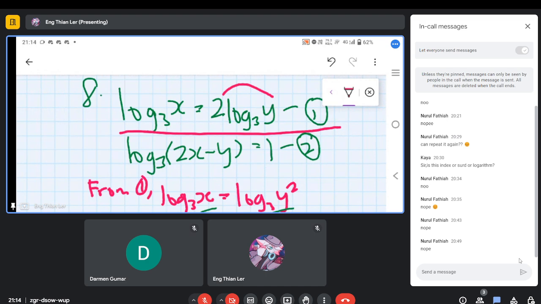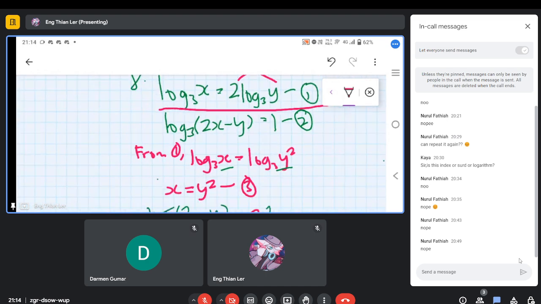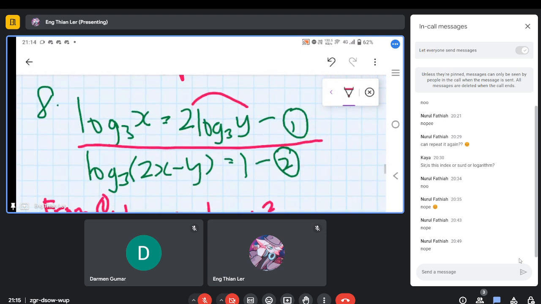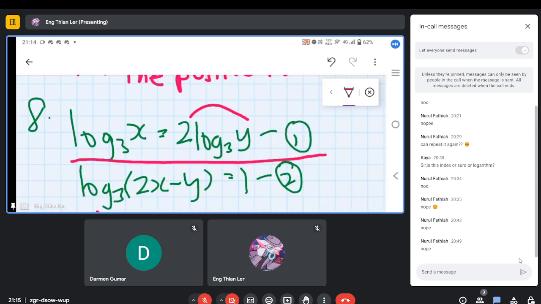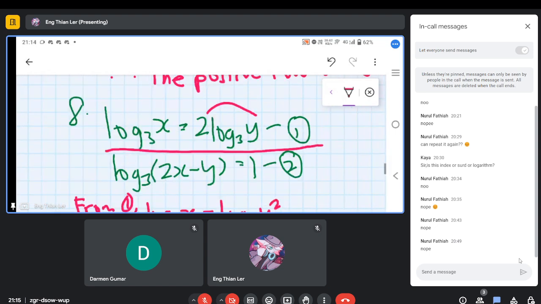Honestly, I don't know why the question negates x equal to 1. Maybe he thought that it becomes zero and there will be no solution. But it's okay.